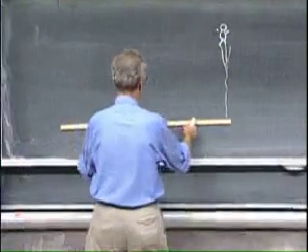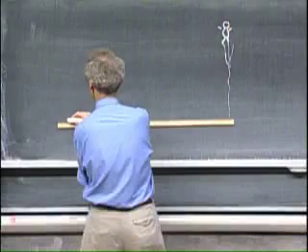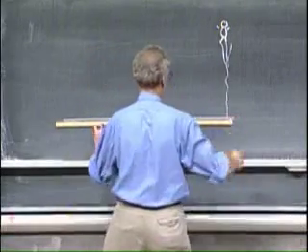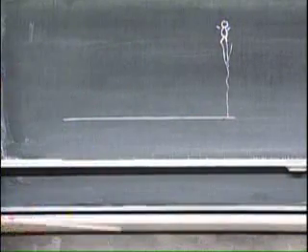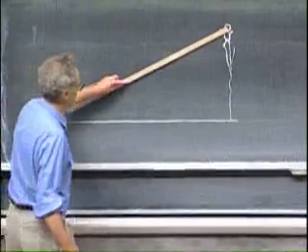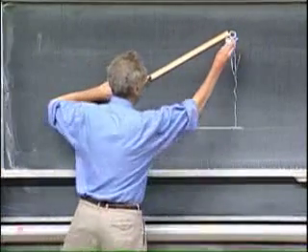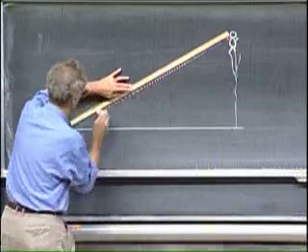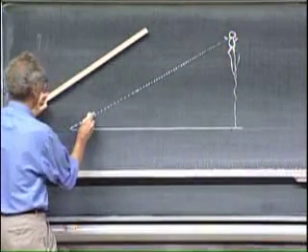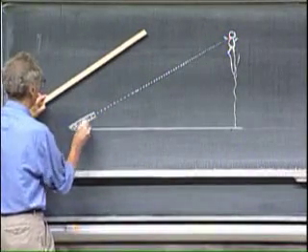And here is a hunter who never took 801. And he has a gun which is a golf ball gun, and he aims that gun right at the monkey.